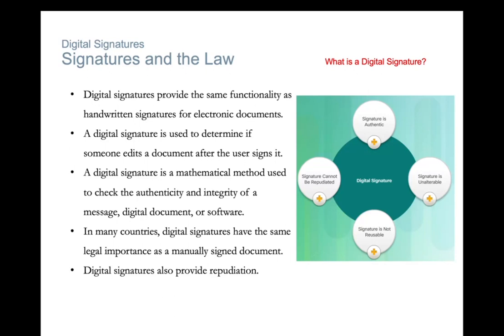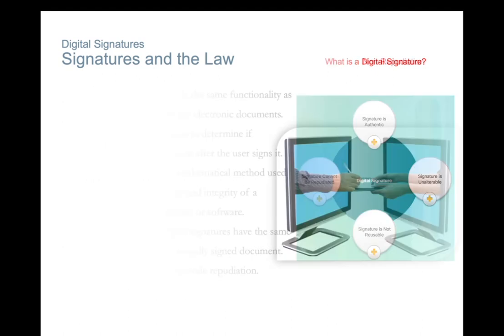Electronic signatures are binding for contracts, negotiations, or any other document requiring a handwritten signature. And an audit trail tracks the electronic document's history for regulatory and legal defense purposes.